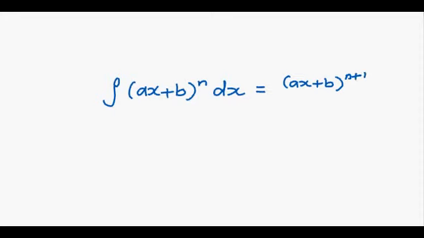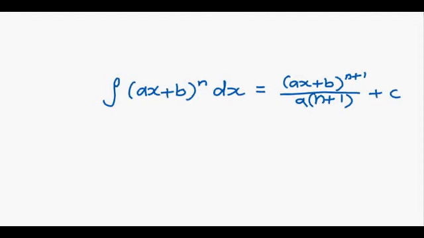And you divide by the new power, n + 1. The only trick is you also need to divide by the coefficient of x in the bracket above, so a in this case. And remember your + c on the end. And that's it. Simple, huh?